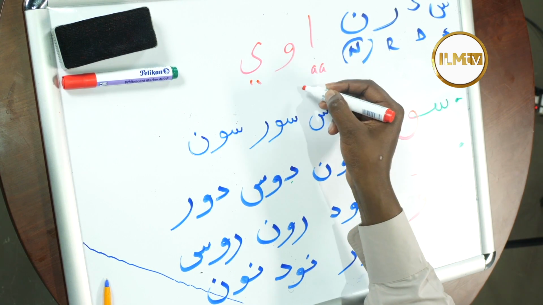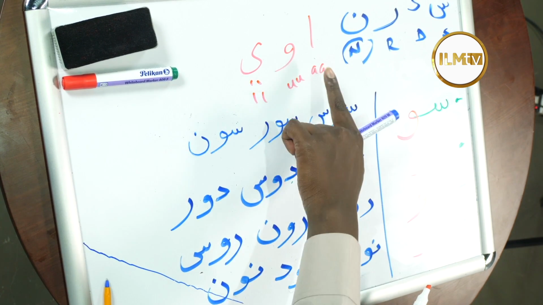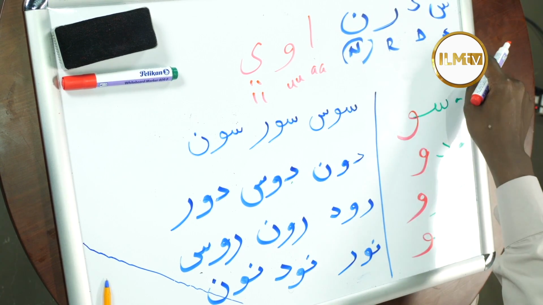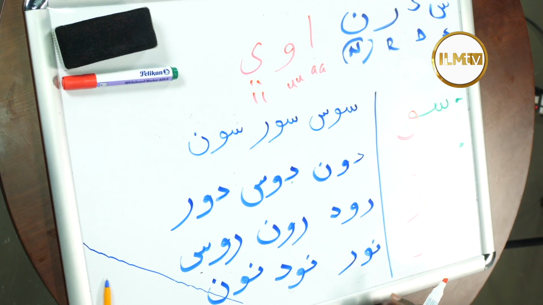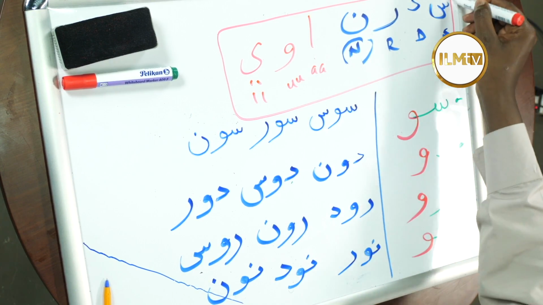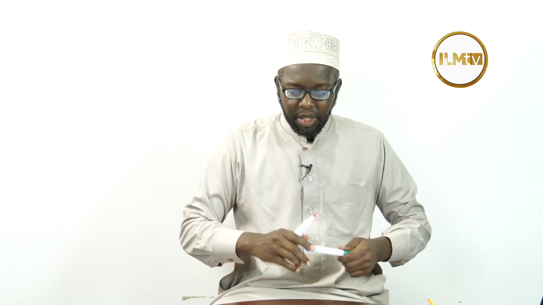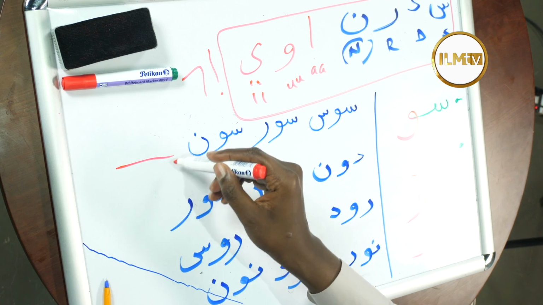So a, u, e, s, d, r, n. From this we can make many words. One, two, three, four, five, six, seven.